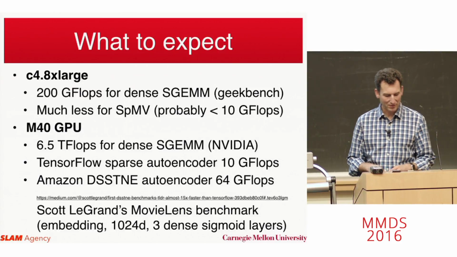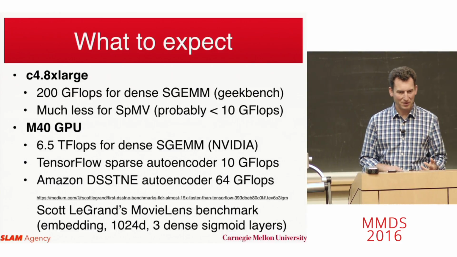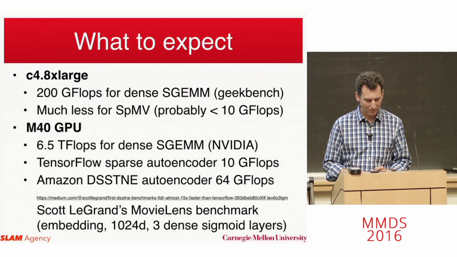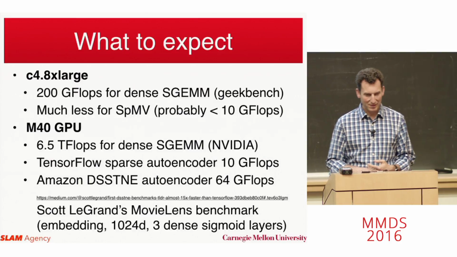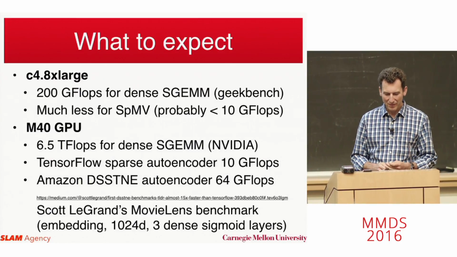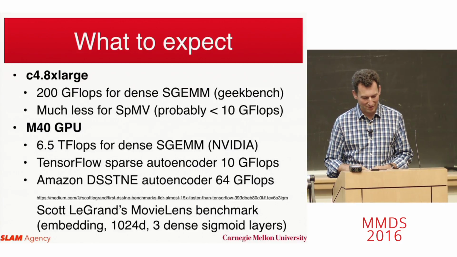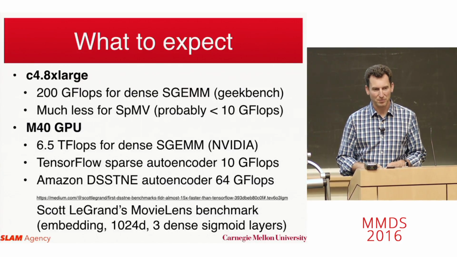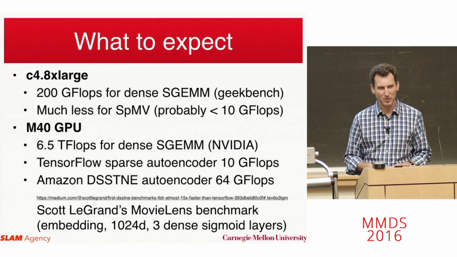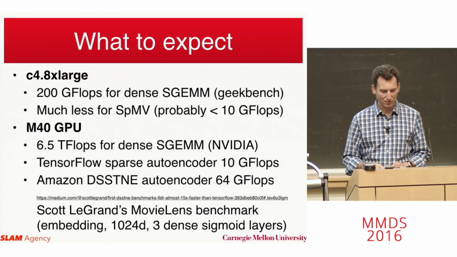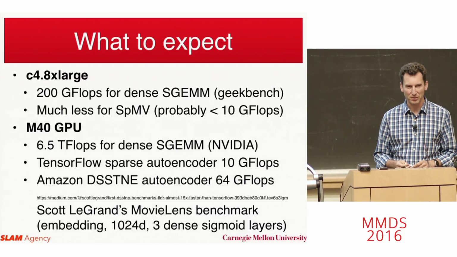Out of the 6.5 teraflops, you're getting really awful utilization, like 0.2%. Amazon's DSSTNE, which arguably does a better job dealing with sparsity, gets about 1% utilization of the GPU. I think that's still quite awful and very much improvable.